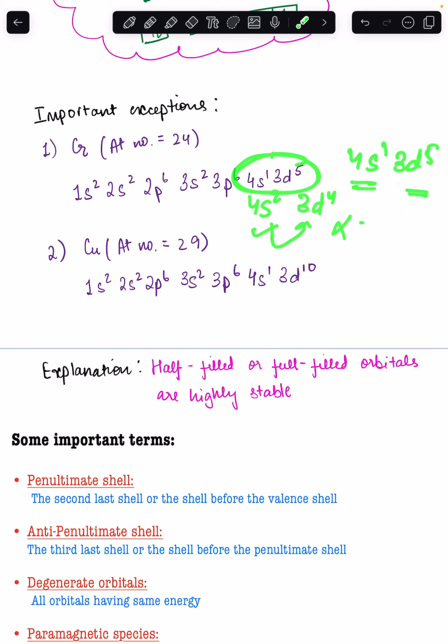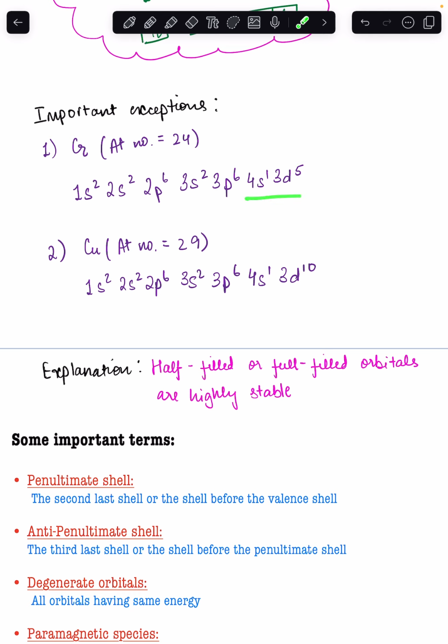Now both are half-filled, right? 4s has one orbital and it will have 1 electron. 3d has 5 orbitals, with a maximum capacity of 10. Now it will get 5. So both are half-filled, so this will be much more stable. Similarly in Cu, it would have been 4s2 3d9, but that wouldn't have done anyone any favors, because 4s1 3d10 is obviously the better one because the 3d is fully filled.